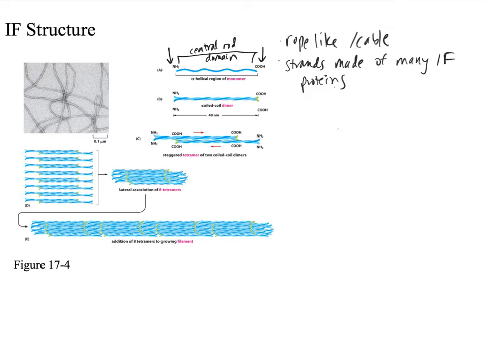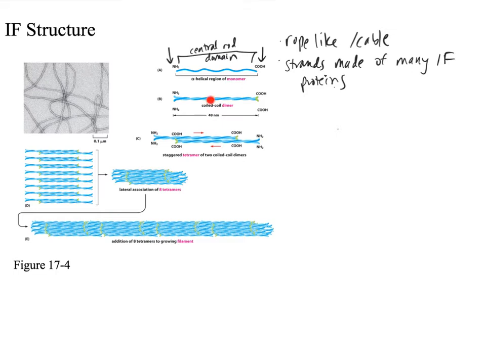This can determine what the intermediate filaments will interact with and bind to as far as other cellular components or locations. And basically, we see that there's this alpha helical structure of this monomer of an intermediate filament. It has an amino terminal and a carboxyl terminal highlighted here.